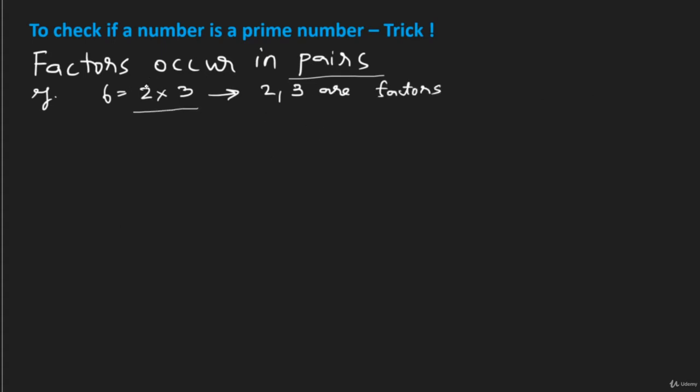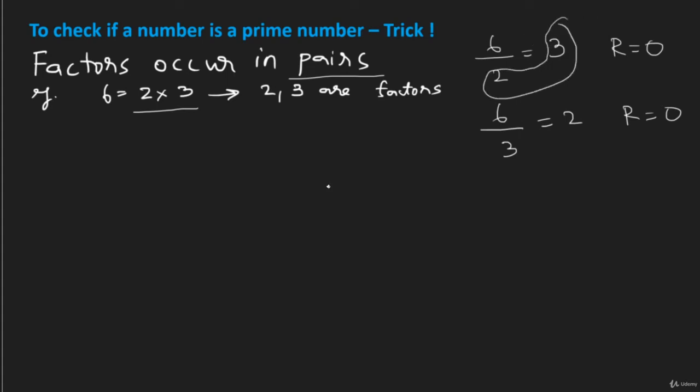Now, if I say that 2 is a factor of 6, along with 2, I also get 3, right? Because when you divide 6 by 2, you get your quotient as 3 and your remainder is 0. This indicates that if I divide 6 by 3, I will get the quotient 2 and the remainder is 0, right? Therefore, I can see that factors occur in pairs.